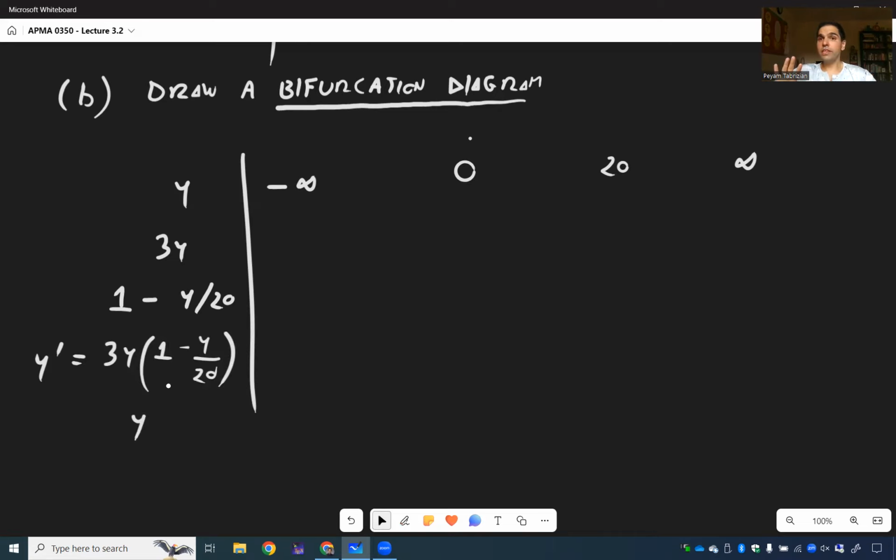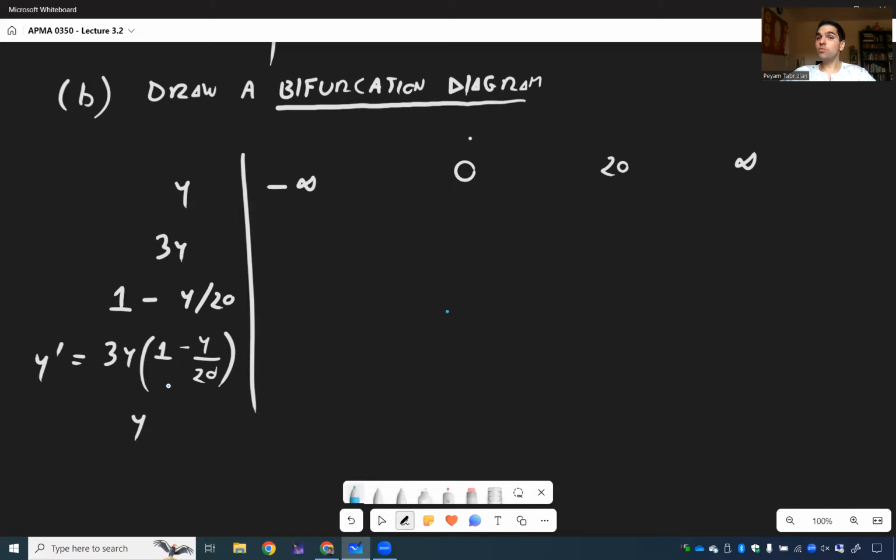So let me repeat. You first draw y, minus infinity, infinity, and your equilibrium solutions, 0 and 20. And you put all the products. So we had 3y, 1 minus y over 20, the product, which is y prime, and then y. And then you just figure out the signs.